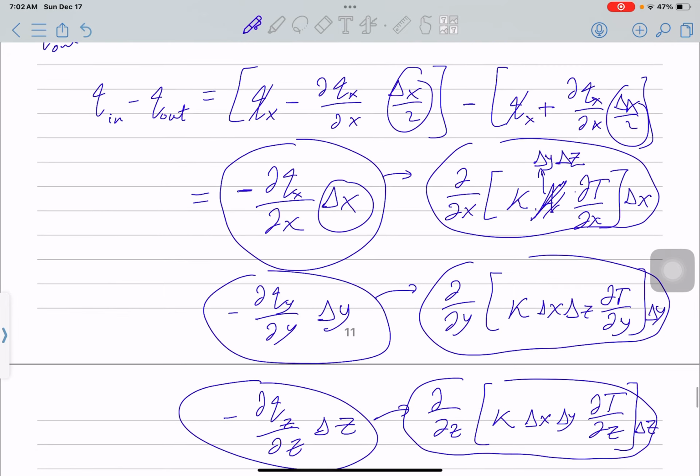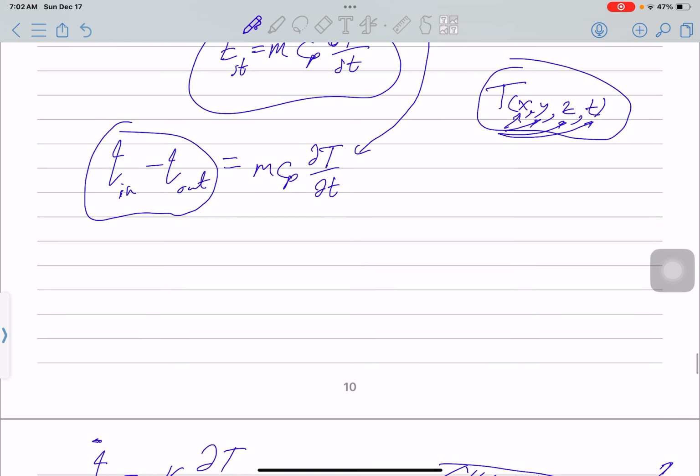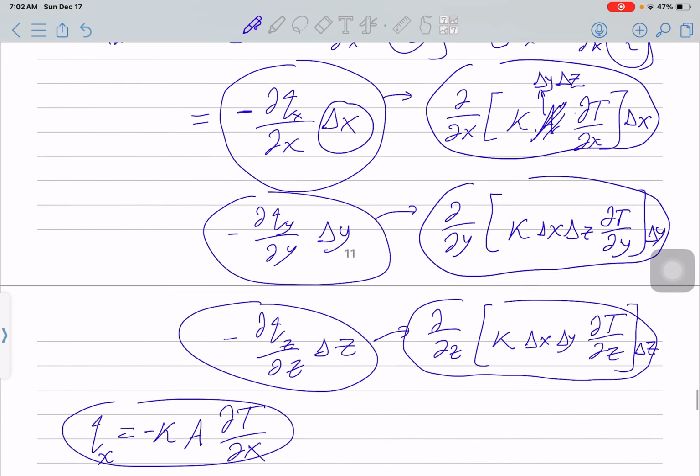We can arrange the equation we have in the first place, that says qin minus qout equals m cb partial temperature by partial time.